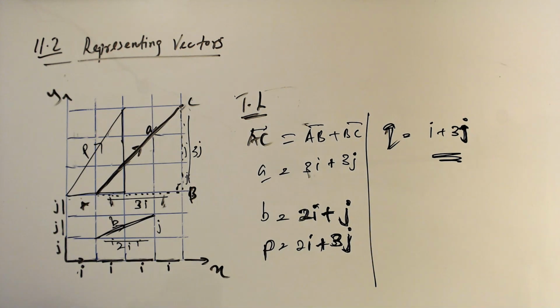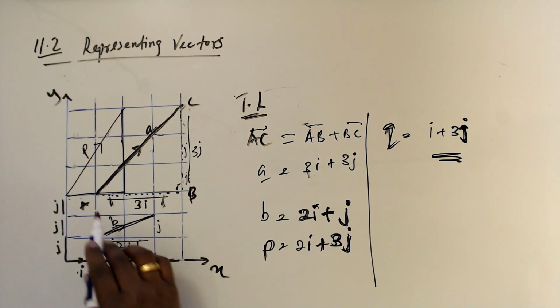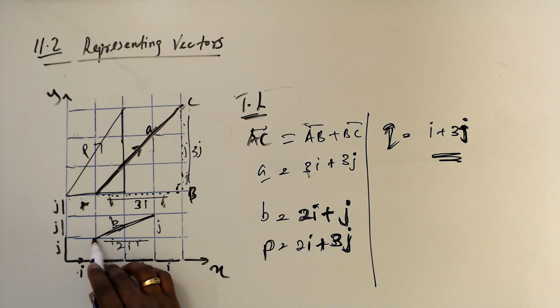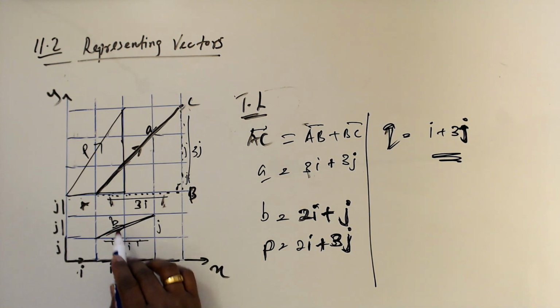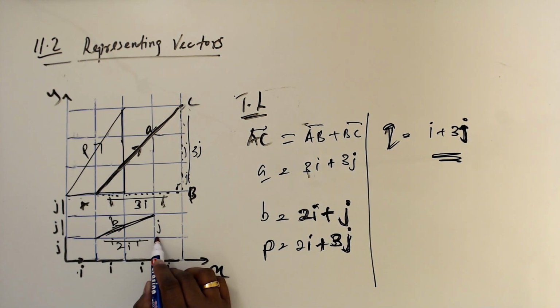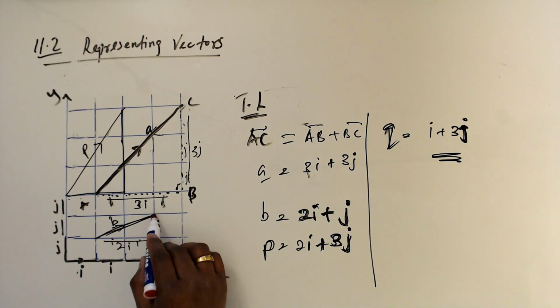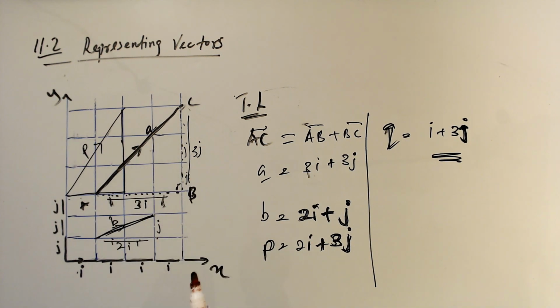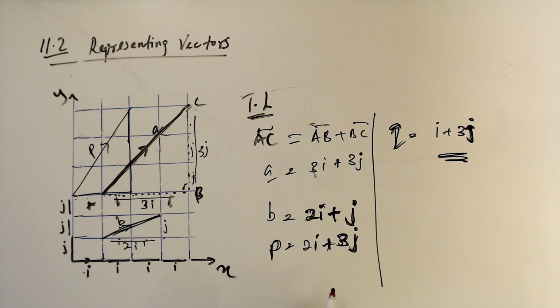Now you have an issue, because which place are you going to start from? You can start from here, 1 and 1, 2, 3, 4. Or if you start here, 1 to the right and 1, 2, 3, 4. There is no fixed starting point, and you can mark any place unless it's specified.